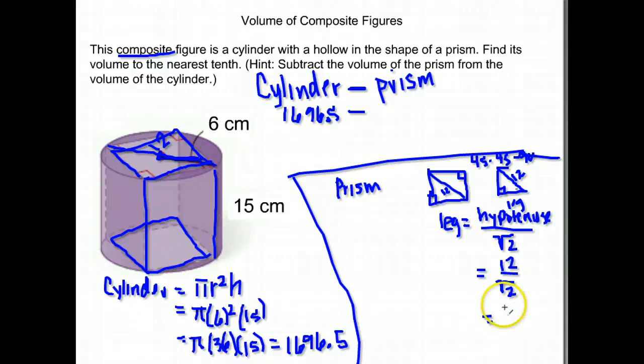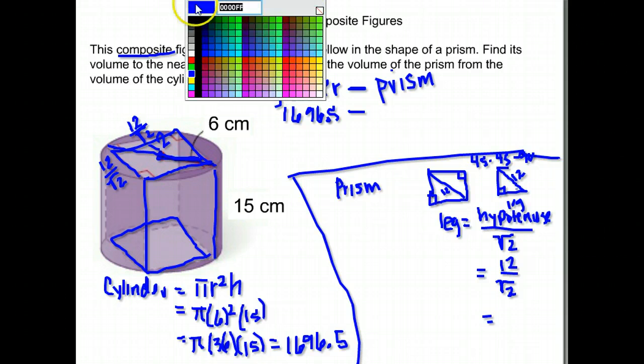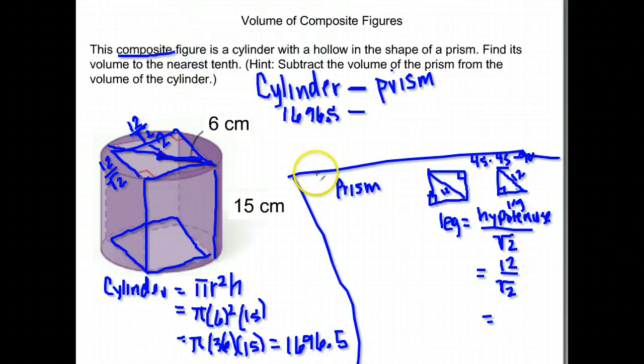Okay, so now I know on my prism here, my length and my width is whatever 12 divided by the square root of 2 is. Now, I wouldn't round that off, just because the more rounding we do, the more likely we are to have an error. So just leave it as 12 divided by the square root of 2. All right, we want to find the volume of our prism.